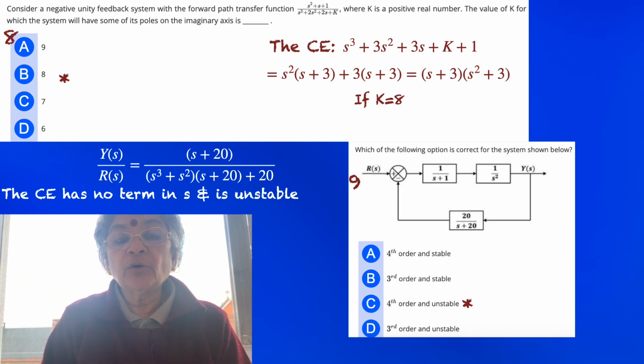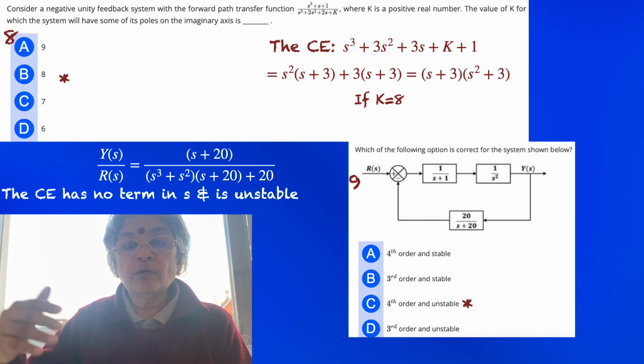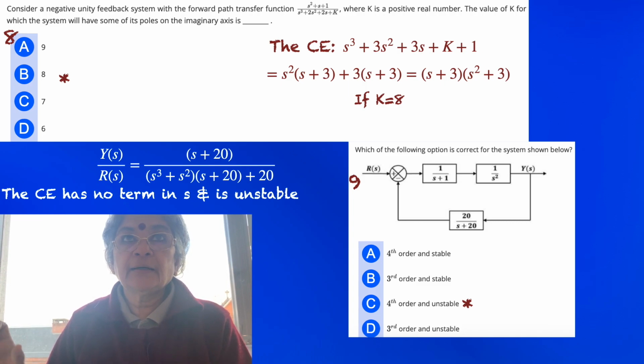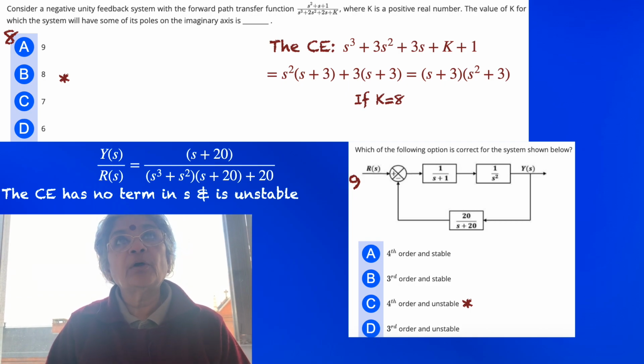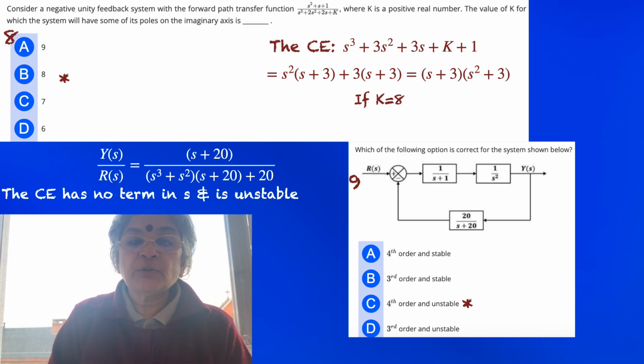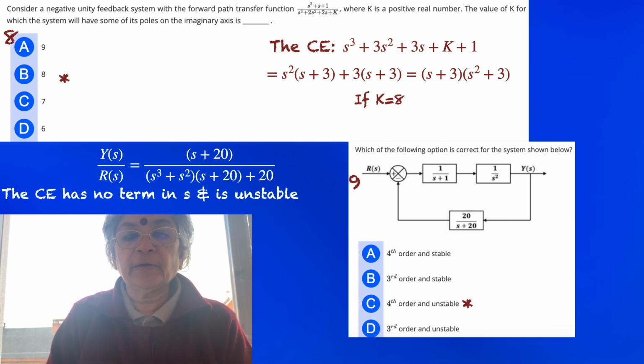On the denominator, you are also going to have s plus 20 coming over, because the last term in the denominator will be 20 divided by s plus 20. So now instead of simply s plus 1 and s square, we are also going to have s plus 20. So now we have s plus 20, s square and s. So obviously it's a fourth order system, and we have two answers which are talking about fourth order.